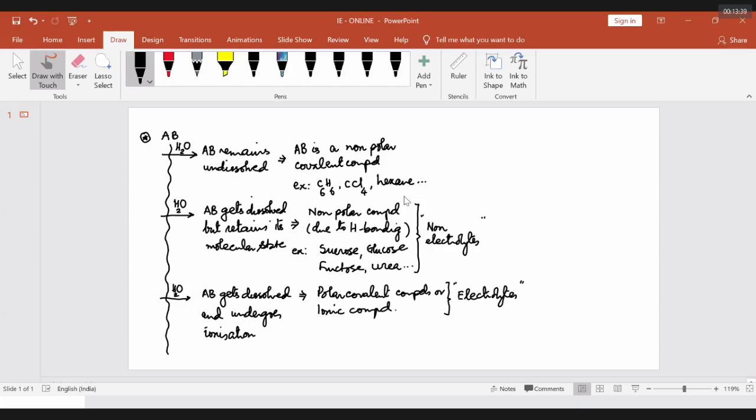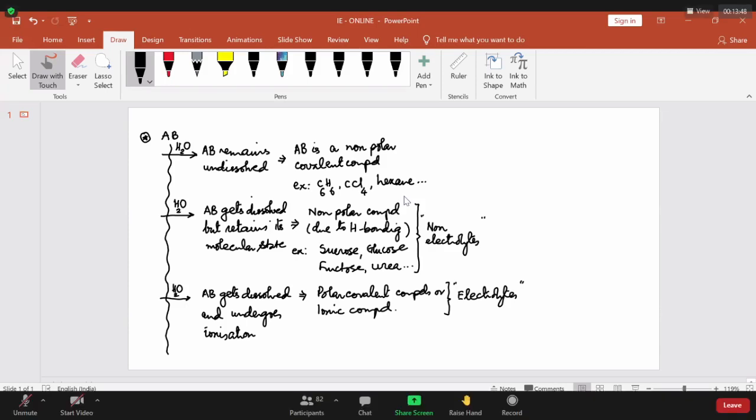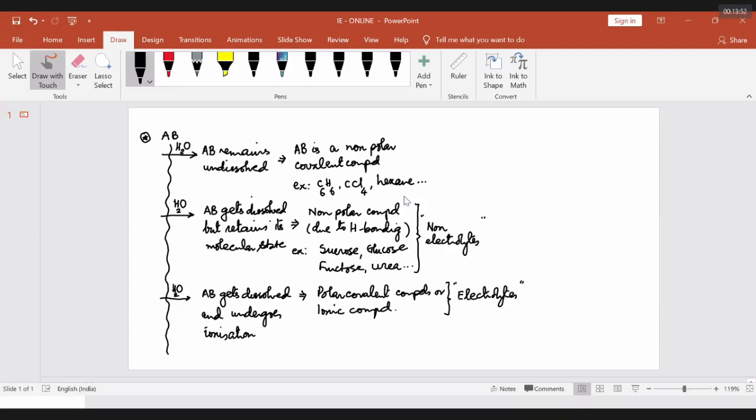But when you dissolve HCl in water, the aqueous solution of HCl consists of H plus ion and Cl minus ion, and they are carriers of electric energy. Therefore, electrolytes are defined in science as the substances which are insulators in their solid state, in their gaseous state, but they become very good conductors in their molten state or in aqueous solution.